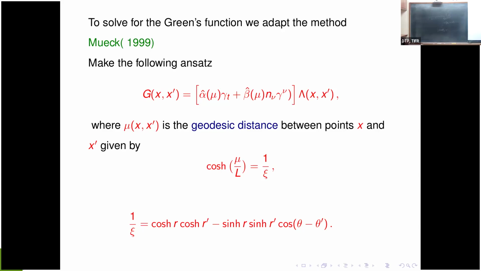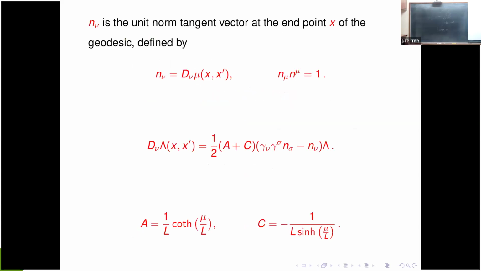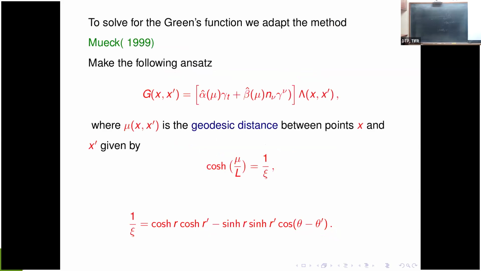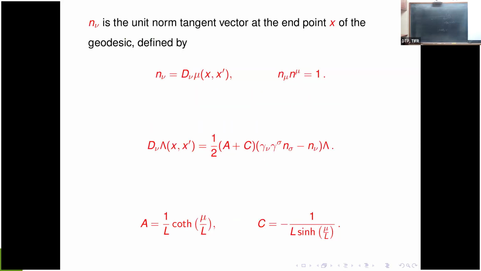So there is this geodesic distance, and eta mu is basically the tangent along the geodesic. The parallel transport obeys equations of this kind. It's a little involved, but it can be done.